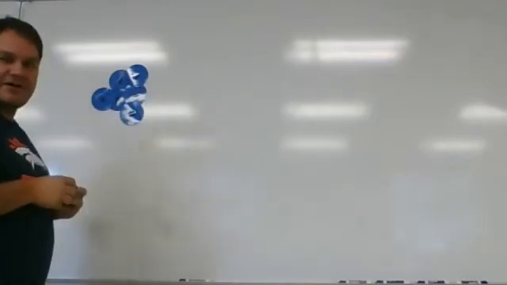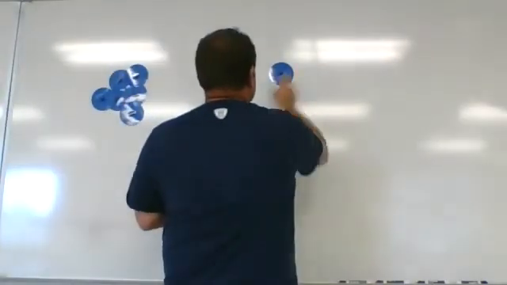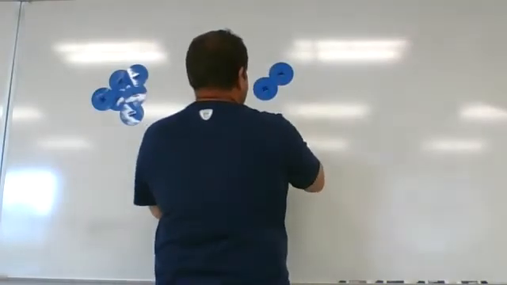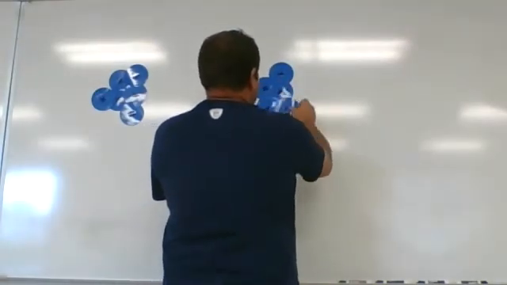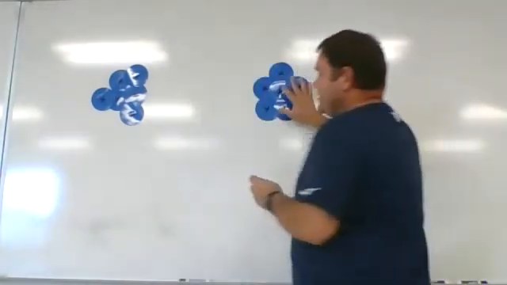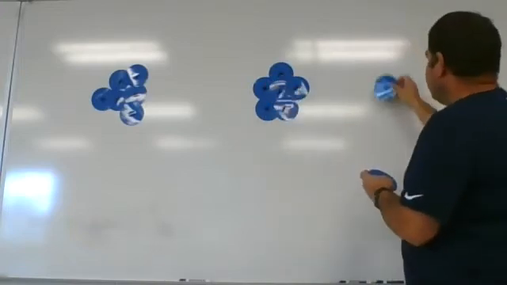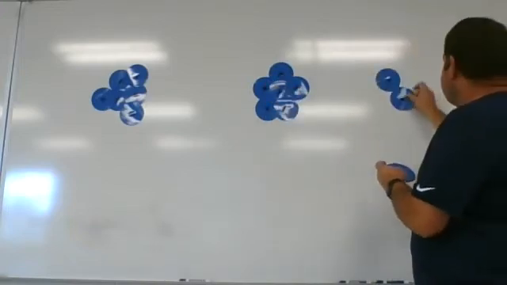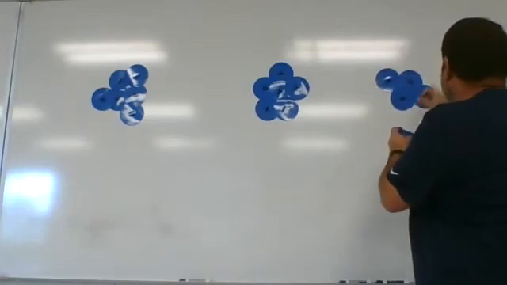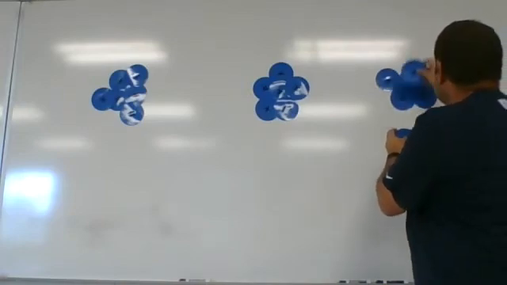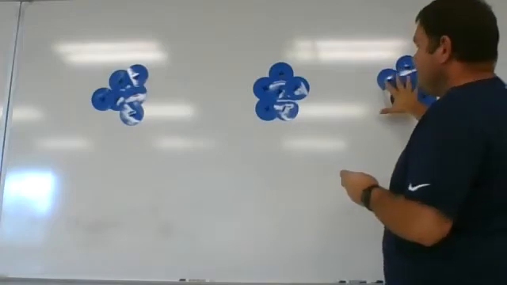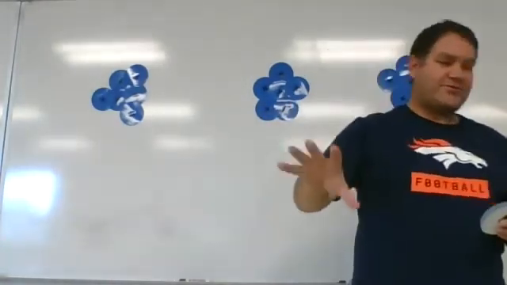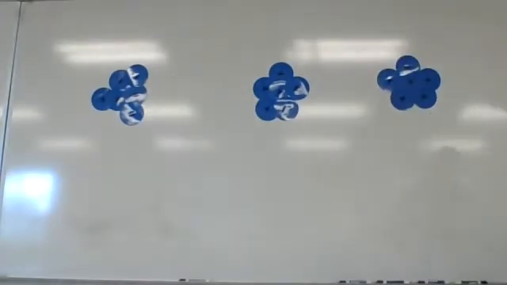So this is going to be one nucleus of a carbon atom. Here's another one, 1, 2, 3, 4, 5, and 6. Again, we know this is carbon just because it has 6 protons. And then the last one, 1, 2, 3, 4, 5, and 6. Okay, so we have started our 3 nuclei of carbon.